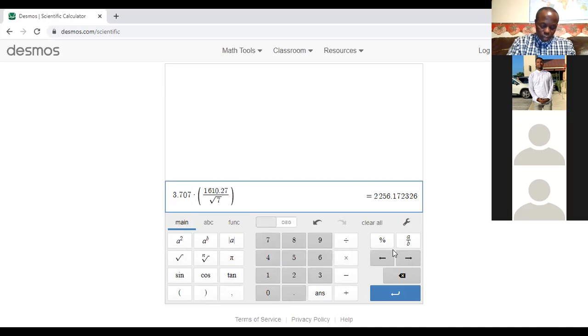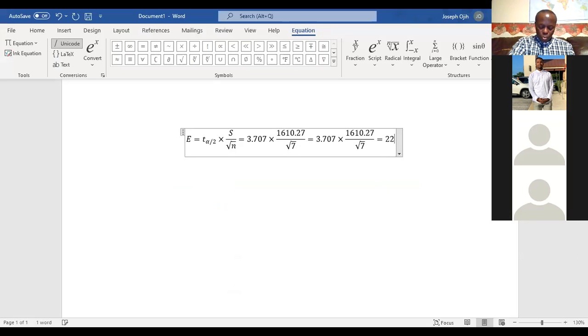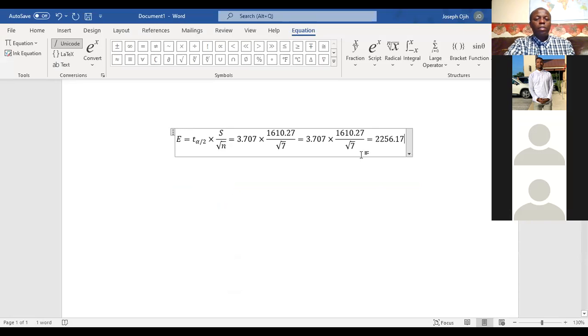Write it down. 2256.17. So this is the error margin for us.